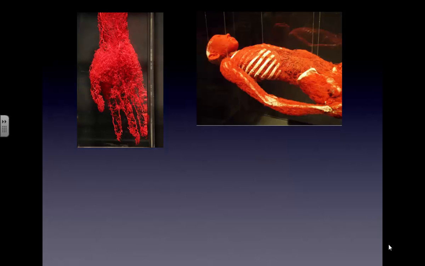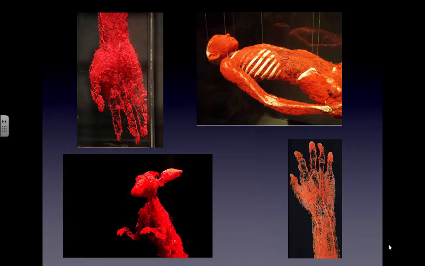We can see the exact shape of the hand and all the fingers because everywhere we have tissue, we really have capillaries. There's a larger picture. You can see a whole body. And again, all this stuff in red, the bones are still in there. All this stuff in red are where there were those blood vessels. So basically, our entire body is covered in this network. A rabbit, and another picture of the hand.